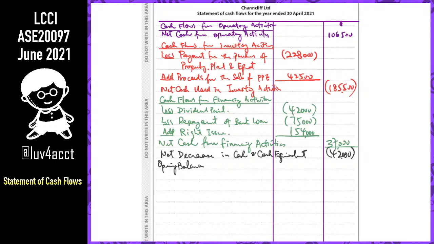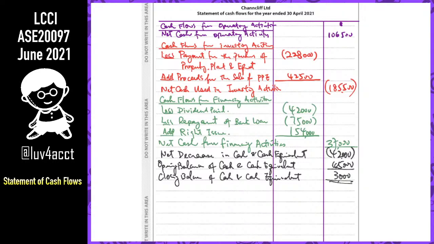Opening balance of cash and cash equivalent, and then closing balance of cash and cash equivalent. So you have 45,000 opening and then 3,000 closing. 3,000 being 15,000 short-term investment less 12,000 bank overdraft.